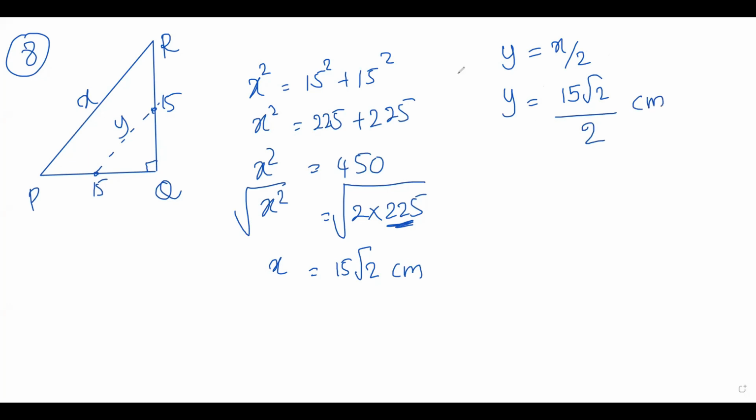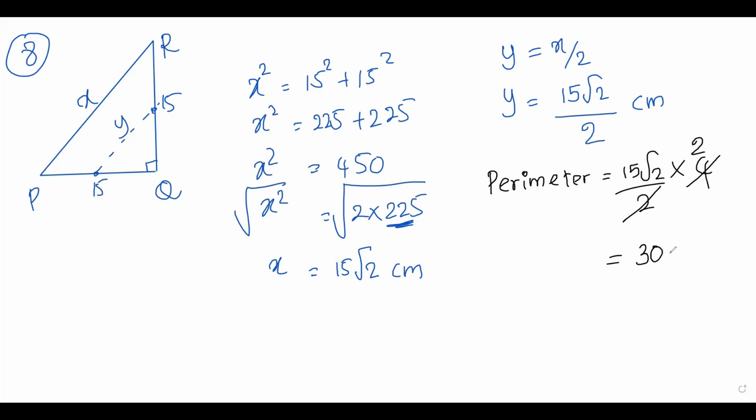The perimeter of that one, there are 4 sides like this. What is that? 15 square root 2 divided by 2. There are 4 sides like this. You can cancel 2 into this one 2. 15 into 2, what is value? 30 root 2 centimeters.